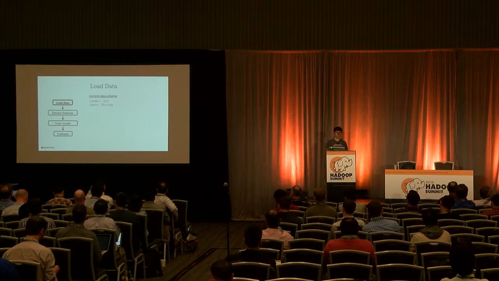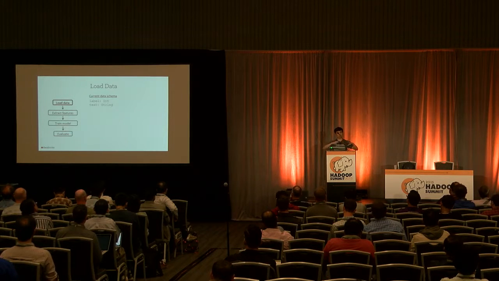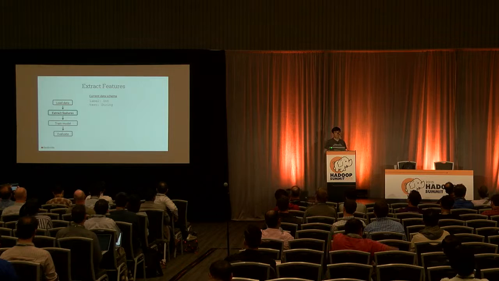And I'm going to describe how we go through this pipeline basically by representing the current data schema. After we load our data, I'll say we have text, a string, and a label, an integer column. So we have 2 columns in our data set. And as we go through the pipeline, the same data frame is basically going to flow through and be augmented with new columns.